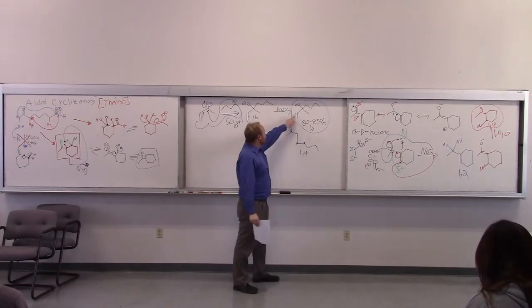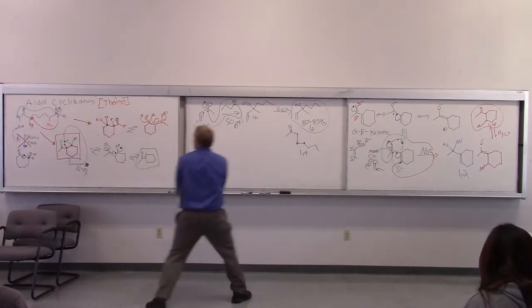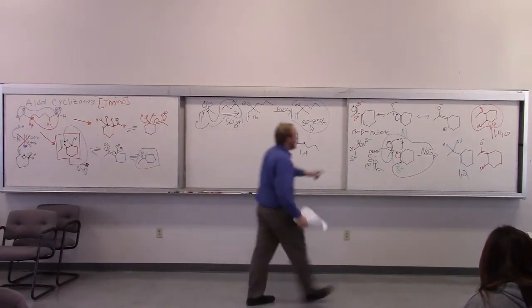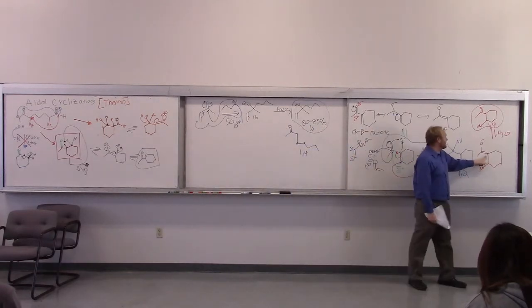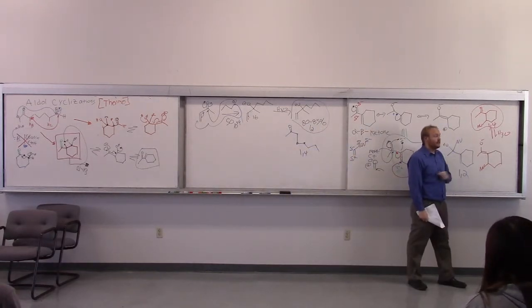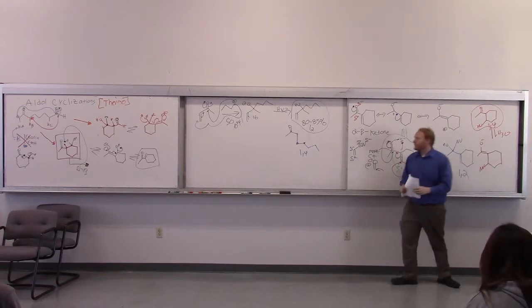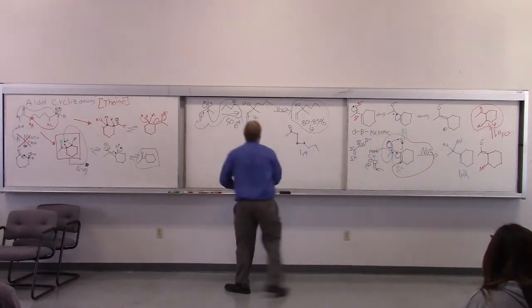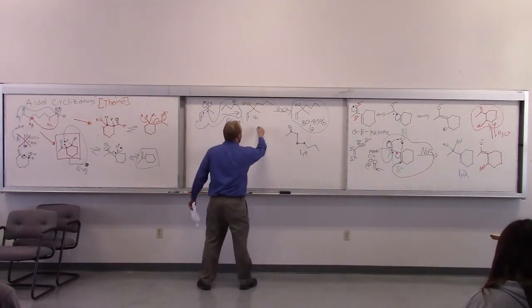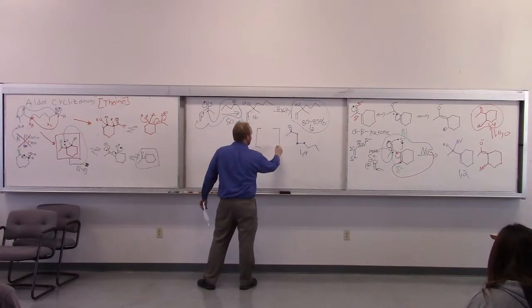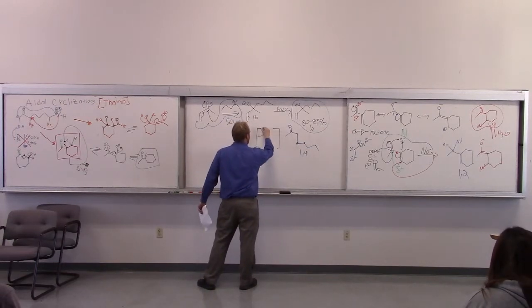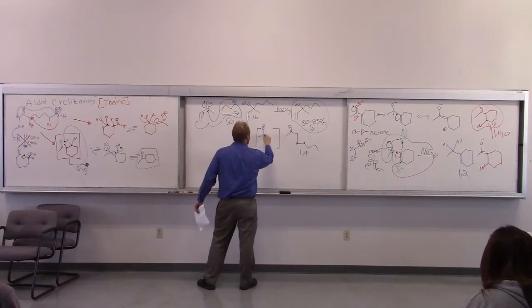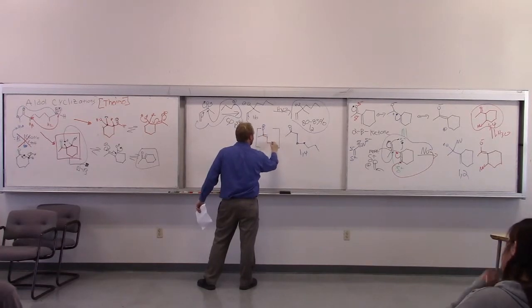This double bond, so it adds in. It gives us an enolate like this, and then we quench it with H3O. The intermediate from 1,4 addition is going to be an enolate.